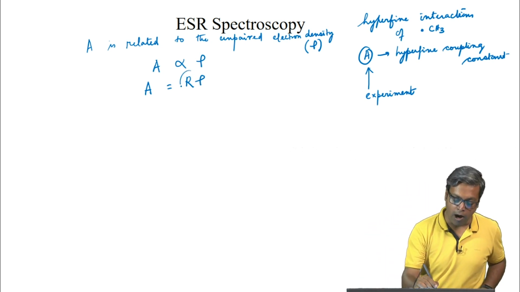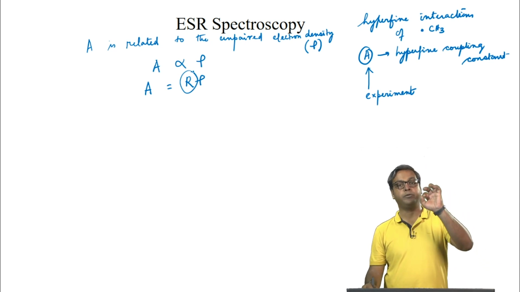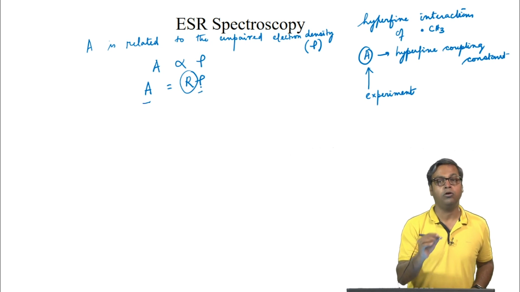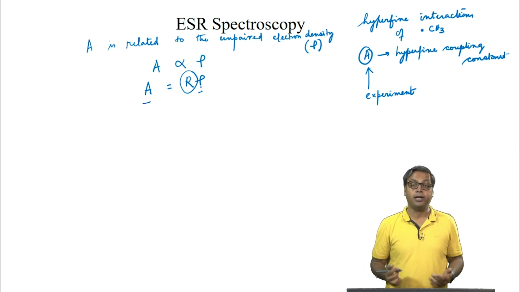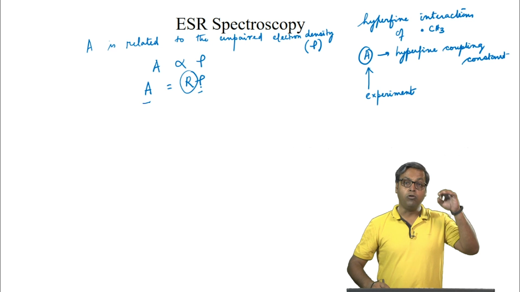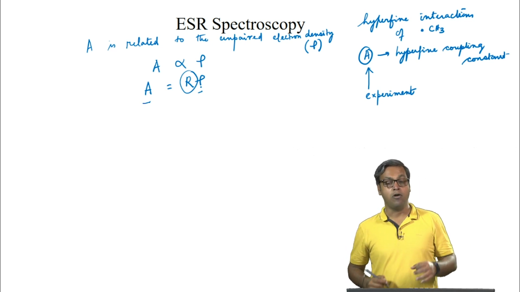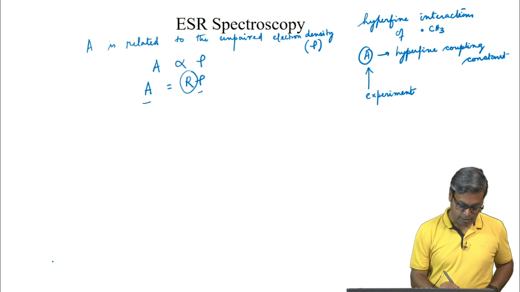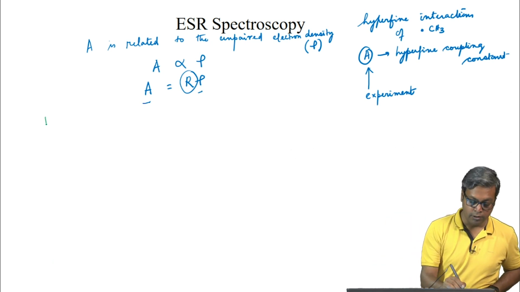So, this value of R can be obtained if we know the values of A and rho, using the known values for any suitable system. So, let us take the system of this hydrogen atom.